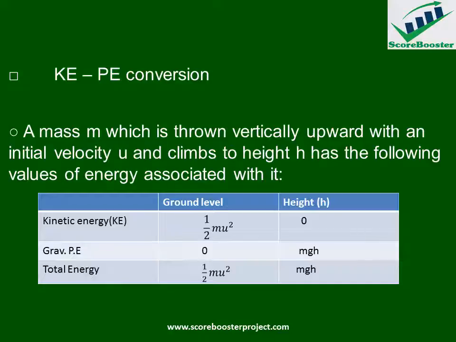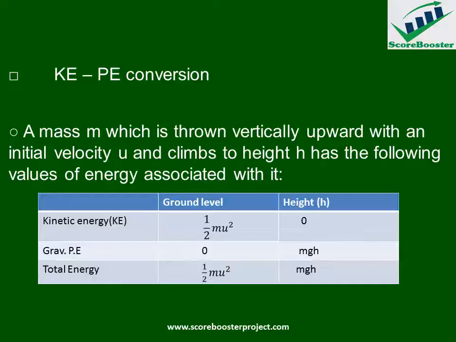Now let's consider the ground level. At the ground level, the kinetic energy will be half mu square, while we are not going to have any potential energy, so the gravitational potential energy will be 0.